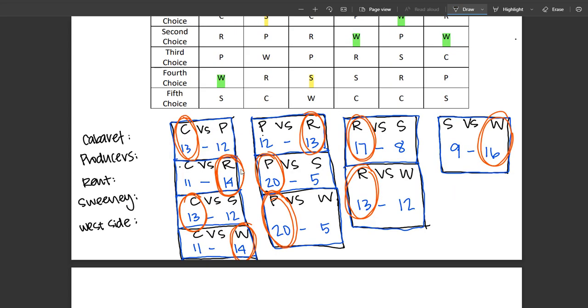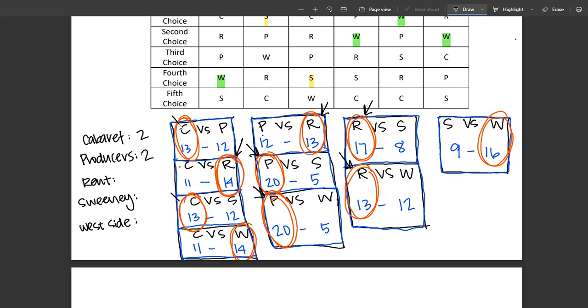All right, so Cabaret has won one here and one here, so they won 2. The Producers won right here and right here, so they also won 2. On Rent, Rent has won right here, right here, right here, right here.